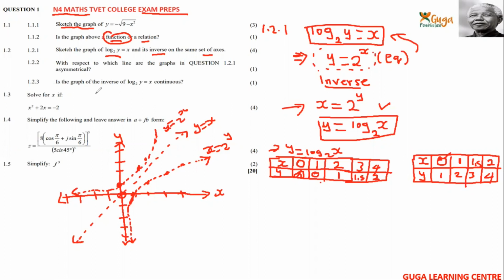Now with respect to which line are these graphs symmetrical? Symmetrical is when you cut the graph into equal parts. With respect to a line, there are no lines, because the x-axis and the y-axis are not cutting the graph symmetrically.